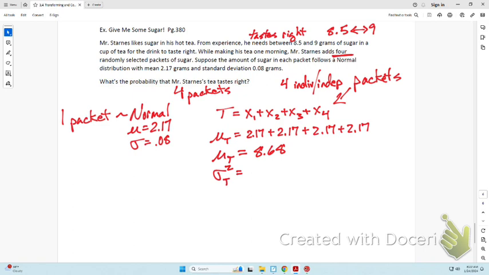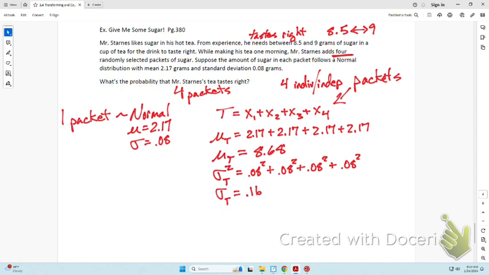So this would be 0.08 squared, and you do that 4 times. Now there's another way to write this that would be correct, but I don't want to confuse anyone with what I was saying, so if I were you, I would write it like this. So I know the standard deviation of all of this is 0.16.